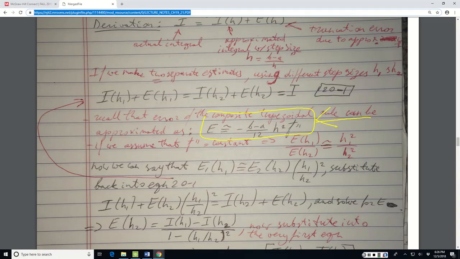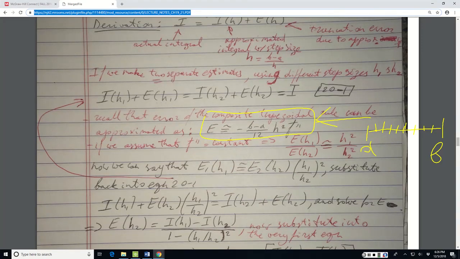So your integral goes from A to B. So you're integrating on this range. So for both estimates, your range is going to be the same. Only the step size, like the size of the bins that you're breaking up this range into, would be different. But the range itself stays the same. So it's like limits of integration, A and B, right?